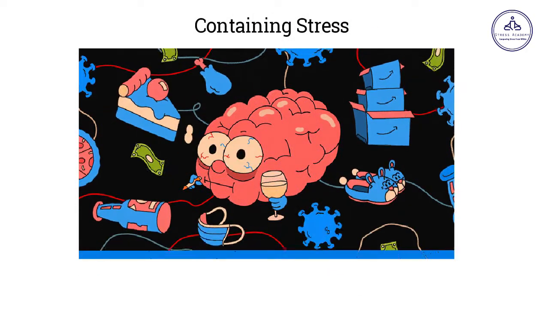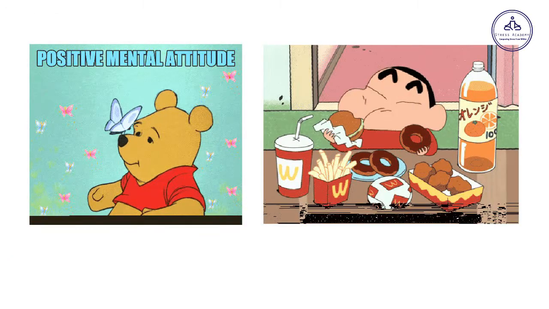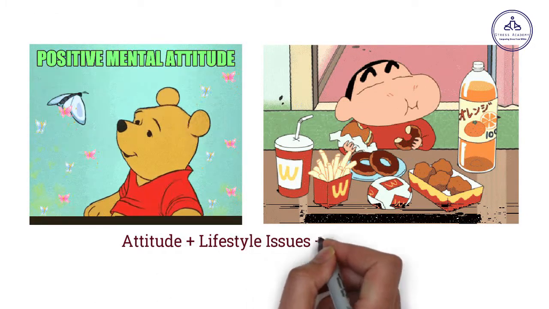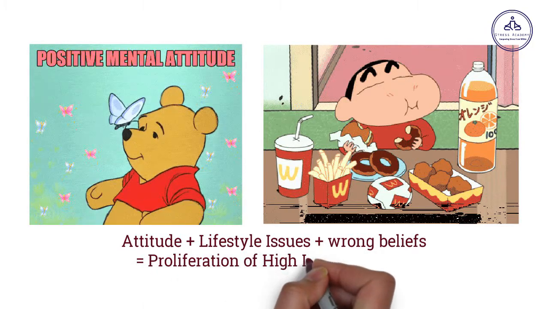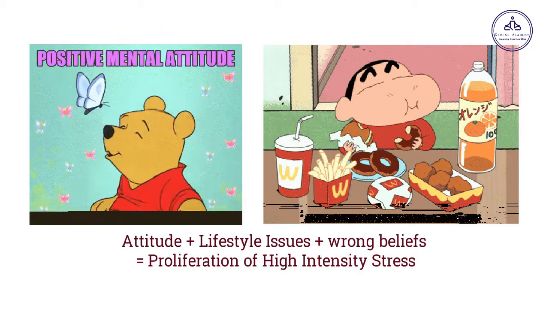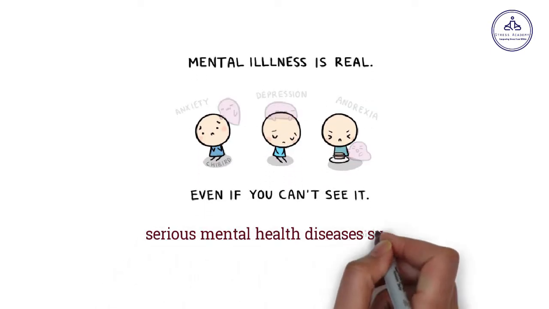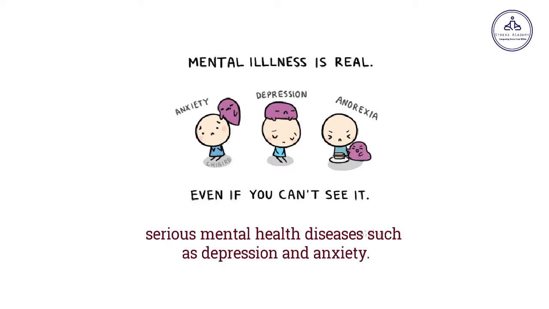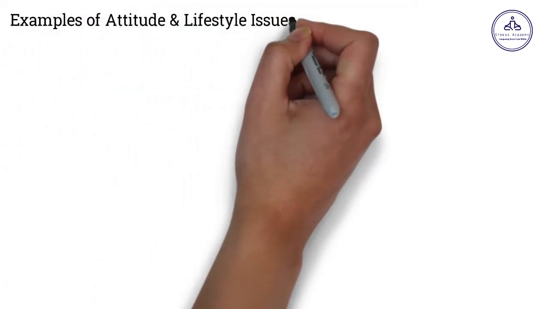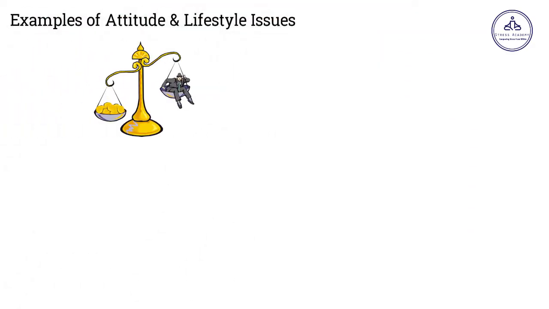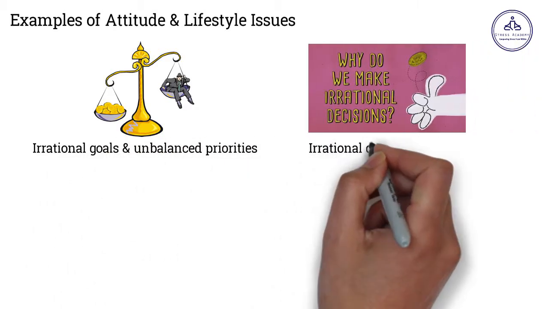In the stage of contained stress, attitude and lifestyle-related issues, along with wrong beliefs and distorted understanding, do not allow the intensity of stress to subside. If not addressed, these issues could lead to serious mental health diseases such as depression and anxiety. Here are a few examples. Irrational goals and unbalanced priorities. Irrational decision-making.